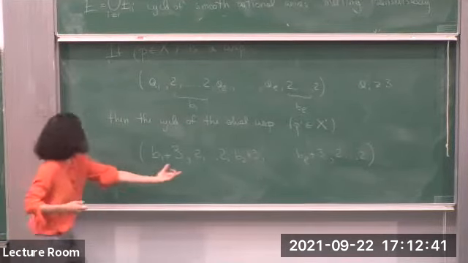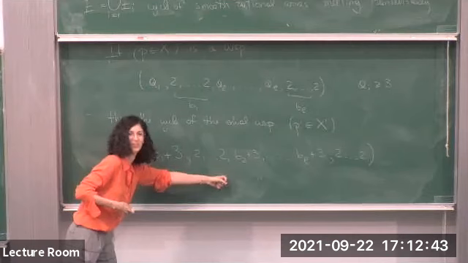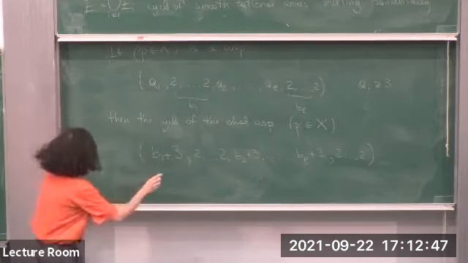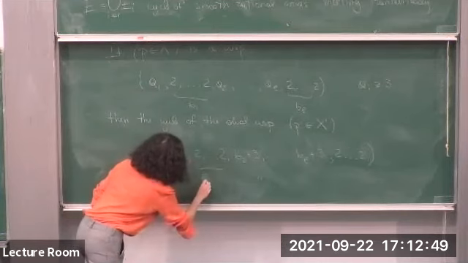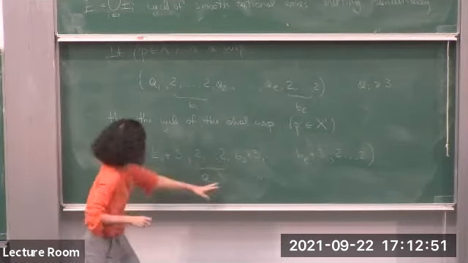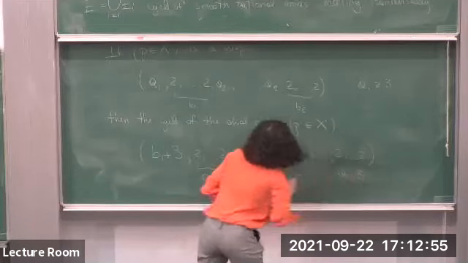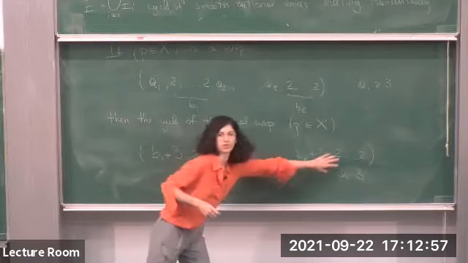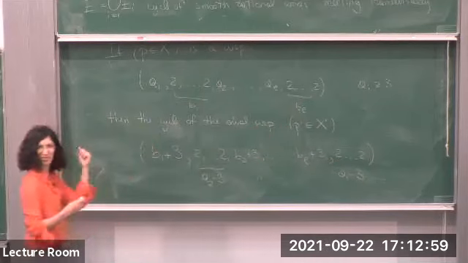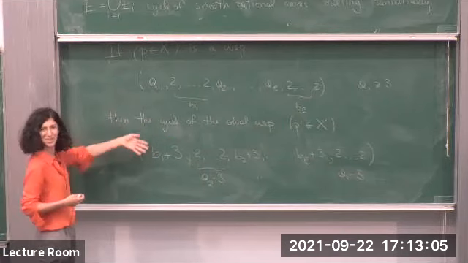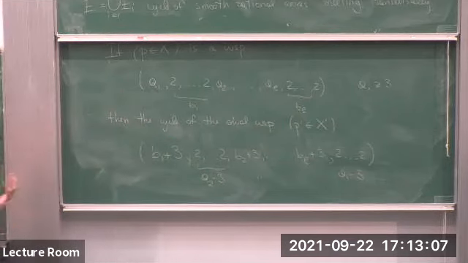You can guess the number of 2s is related to the A's: it's going to be A2 minus 3, and the last one is A1 minus 3. So A2, A3, A4, and then the last one is the first one. This is very easy if you want to compute dual cusp singularities, but it does not give you a sense of why they're dual.